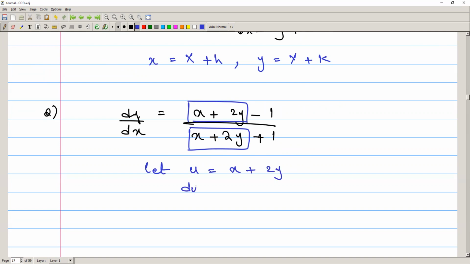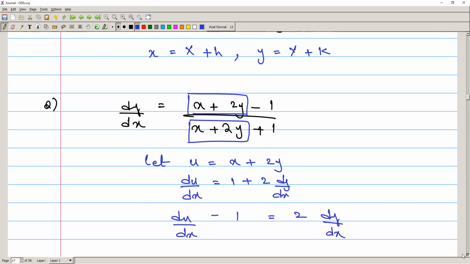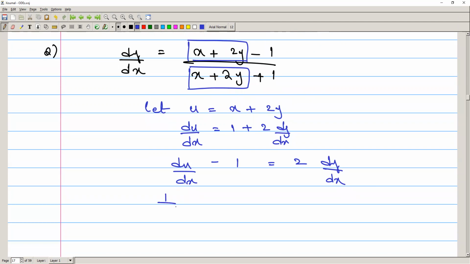So what will happen here is that du over dx will be equals to 1 plus 2 dy by dx, which means du over dx minus 1 is equals to 2 dy over dx, which further implies that 1 over 2 du over dx minus 1 over 2 is equals to dy by dx.